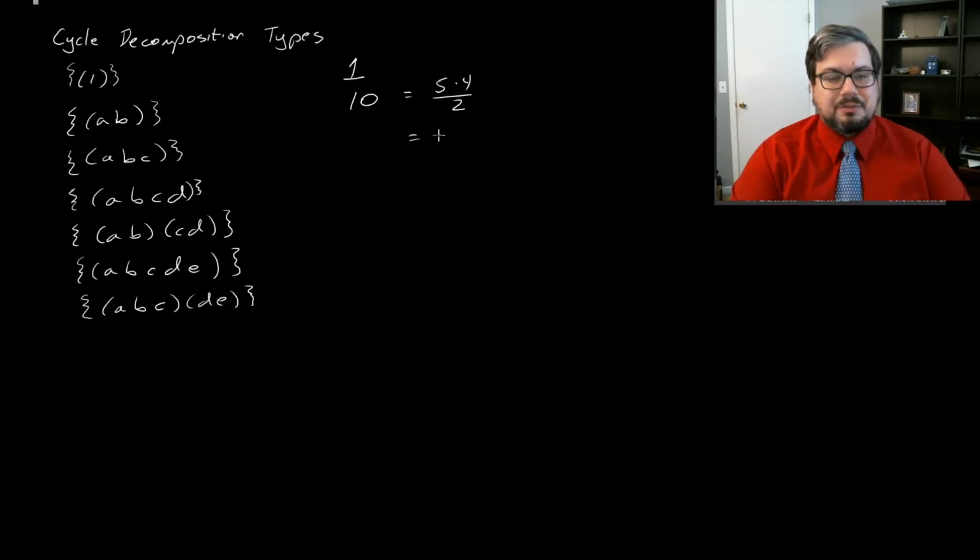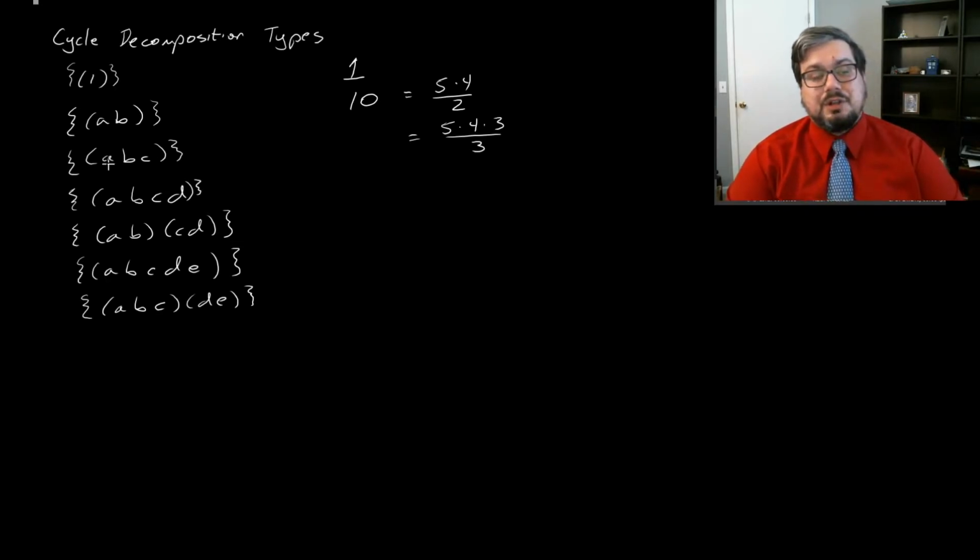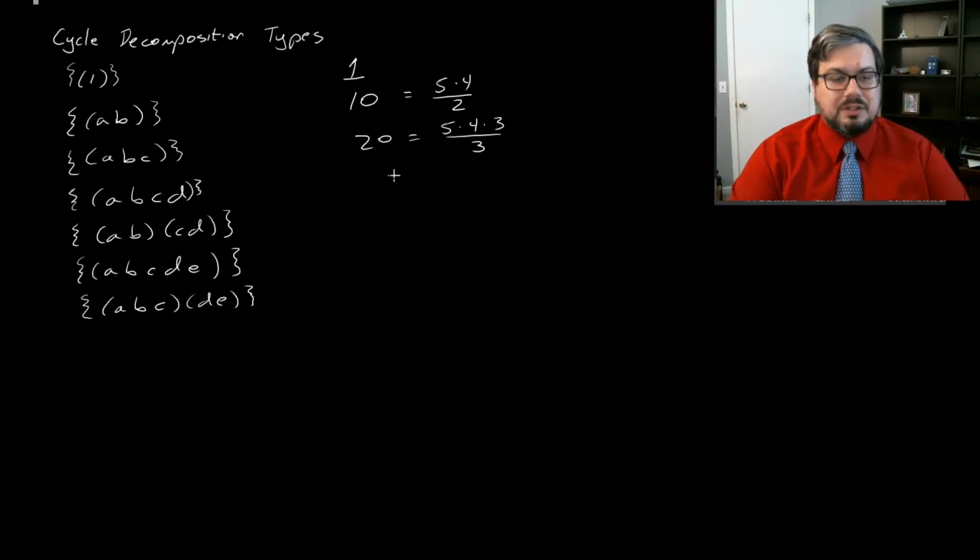Similarly, for the 3 cycles, that's 5 times 4 times 3 divided by 3, because there are now 3 things that could start this cycle, which gives us 20. Of the 4 cycles, we've got 5 times 4 times 3 times 2, all divided by 4. So there are 30 4 cycles.